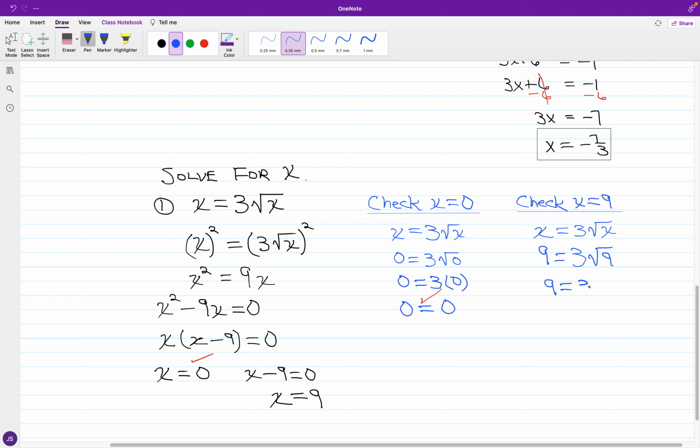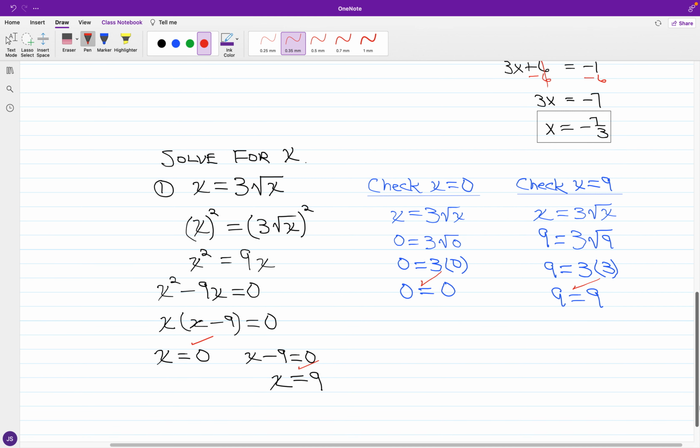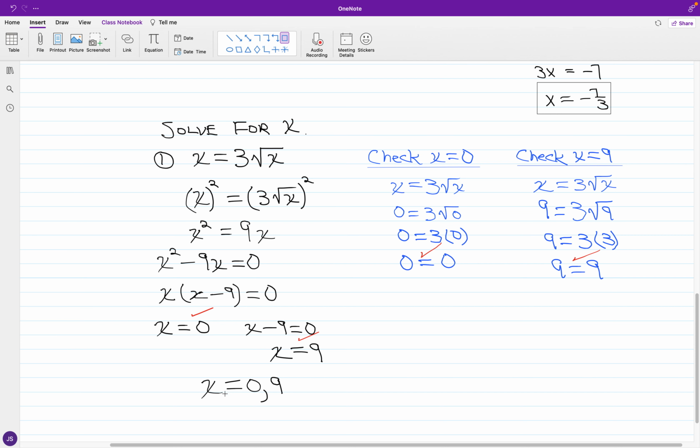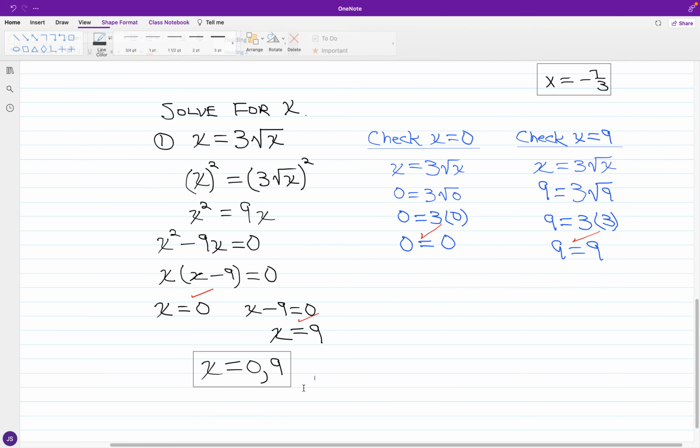And the square root of 9 is going to be 3. And 3 times 3 is 9, and 9 is equal to itself. So this particular radical equation just so happens to have 2 solutions: x is equal to 0 as well as 9. So you have consistency throughout.